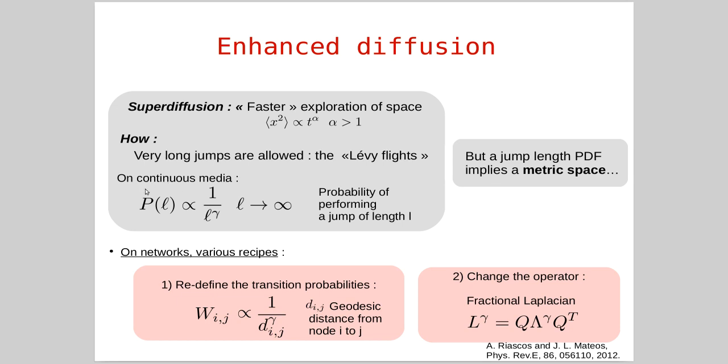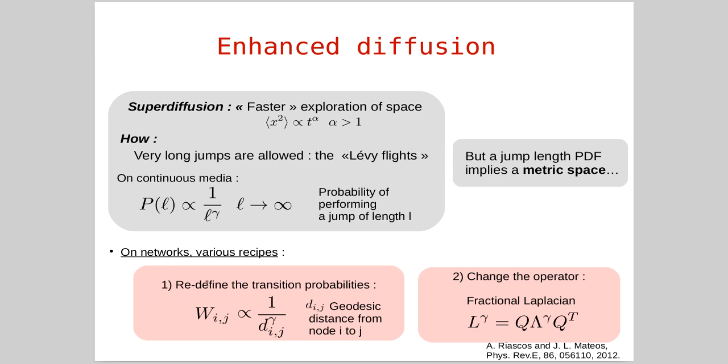But defining this probability distribution implies that you have a metric space, because you have to measure the length of the jump. Therefore, when researchers tried to shift to networks, they had an intrinsic problem due to this definition, and they came up with different recipes.